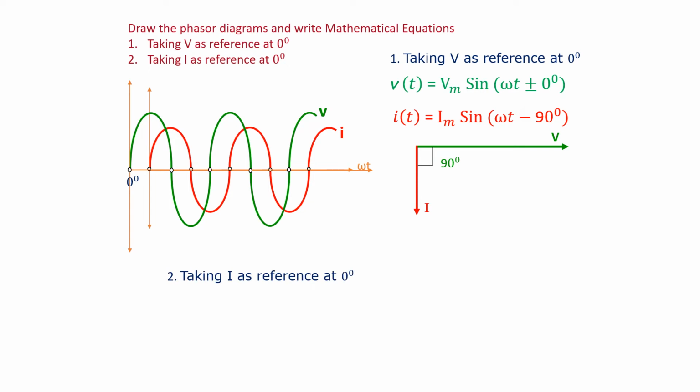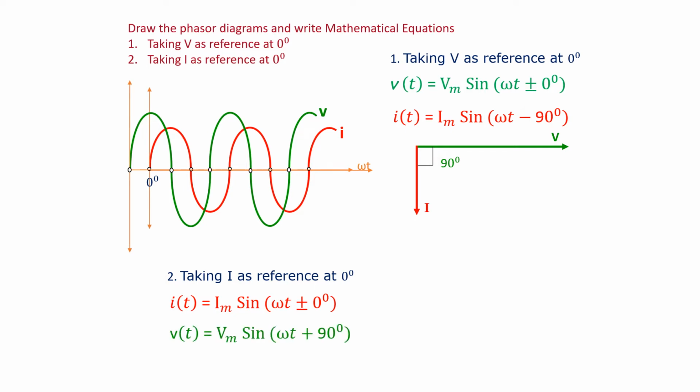Let us take up the second part. Take I as the reference at 0. Now from the waveforms, you can see the current is at 0 degrees. So mathematical equation for current is Im sin (omega t plus or minus 0).